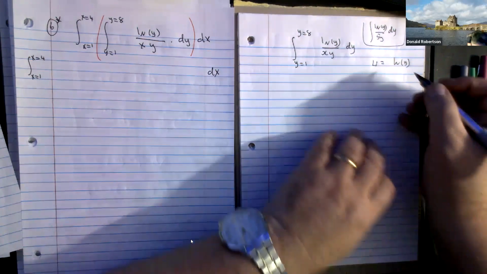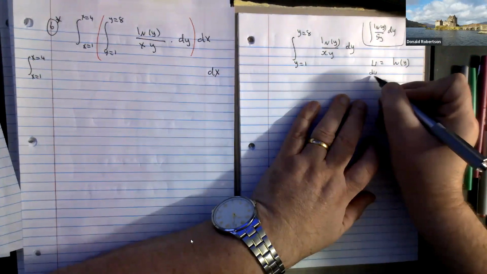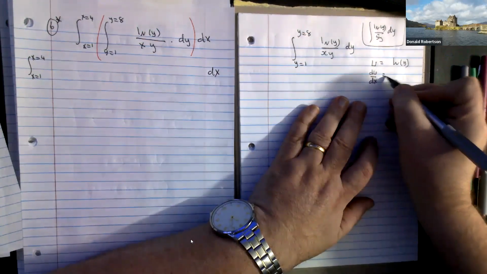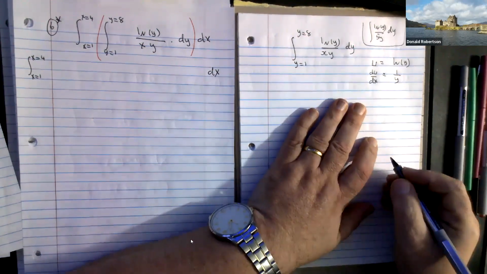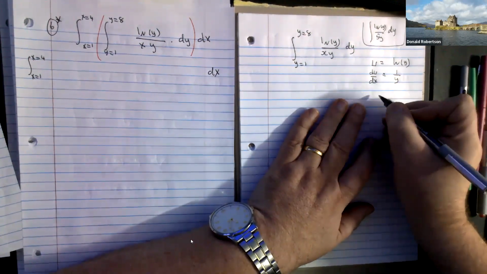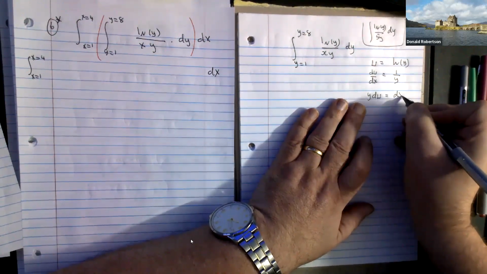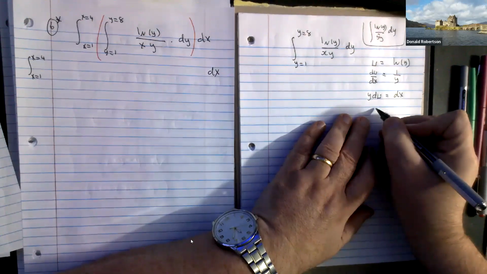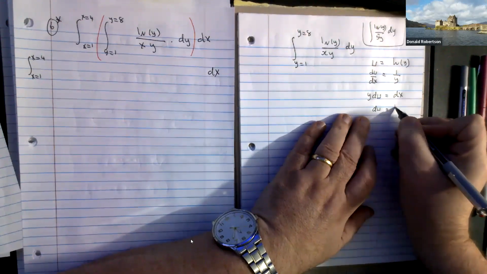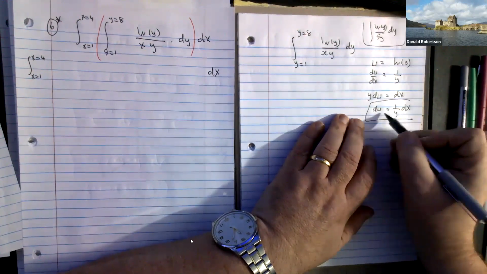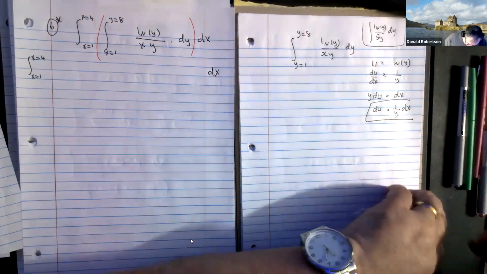Now back to this fella. It's been maybe a while since you've done this. You differentiate and you get 1 over y. You do a little thing I call the crossover, and then divide both sides by y. Oops, I've lost my guy.